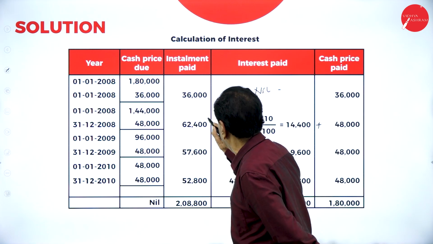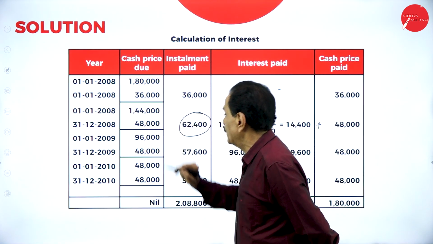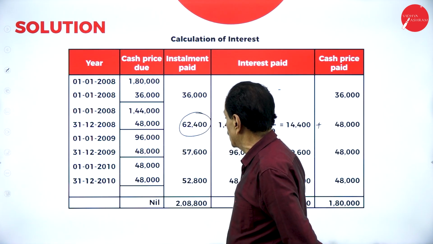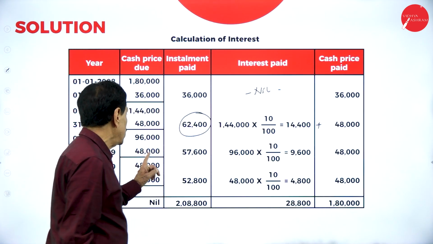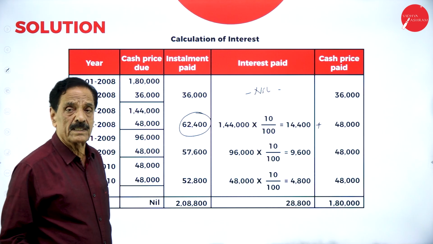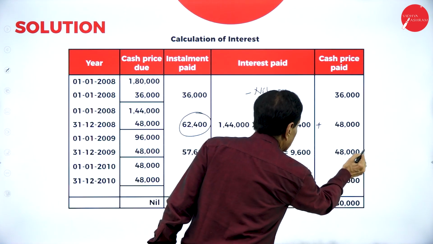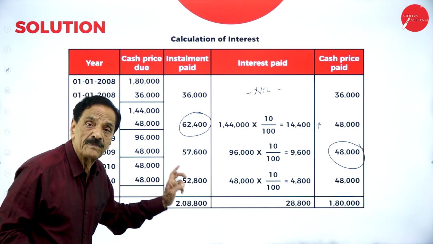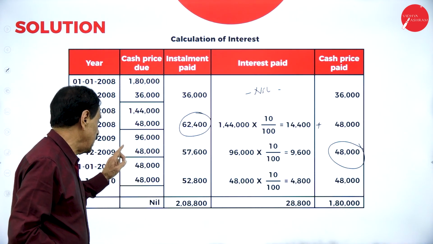This is the installment paid. What's the actual cash paid? 48,000. Deduct 48,000, balance is 96,000. On 96,000, 10% is 9,600. Every year he pays 48,000 plus 9,600, which becomes 57,600. 48,000 gone.